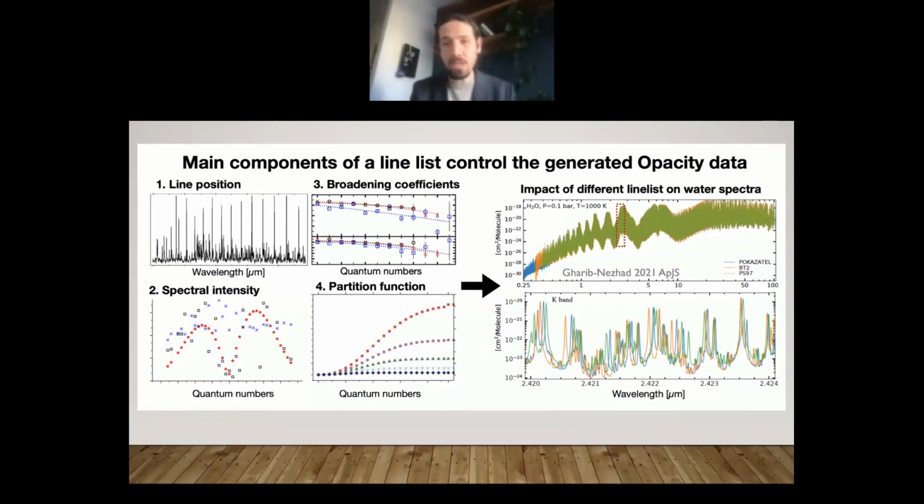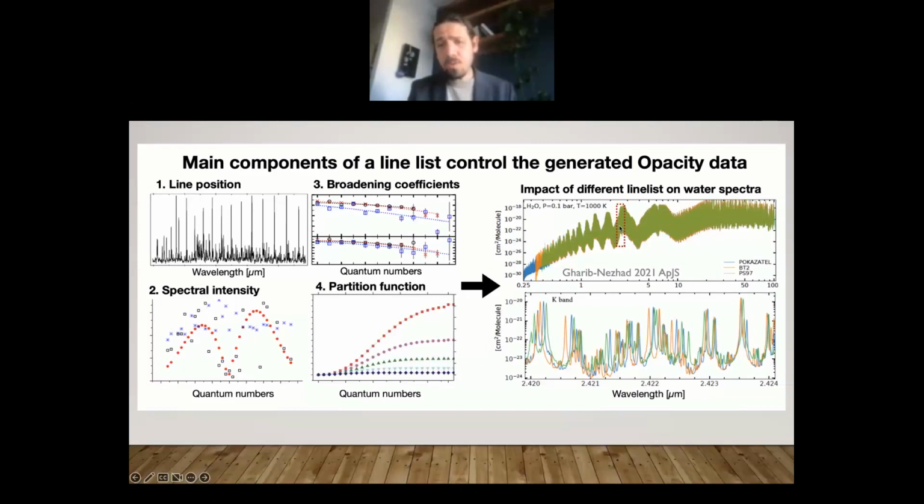For example, here on the right hand side, you see water opacity data from different line lists. Some of them are laboratory, some of them are theoretical.